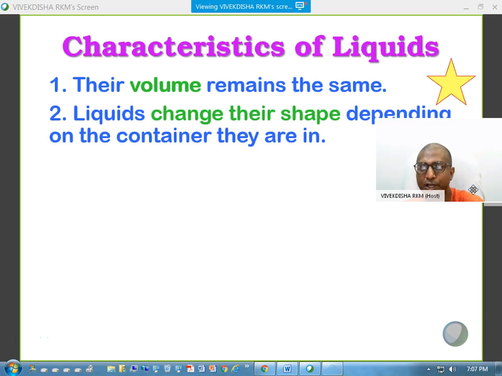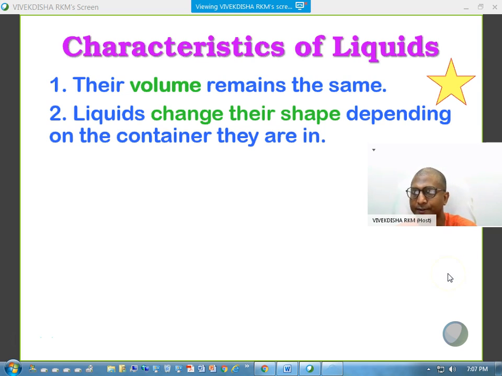Next point, liquids change their shape depending on the container they are in. We also studied this point in the definition itself.